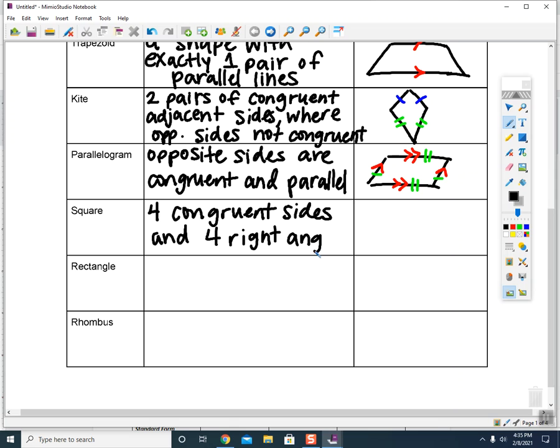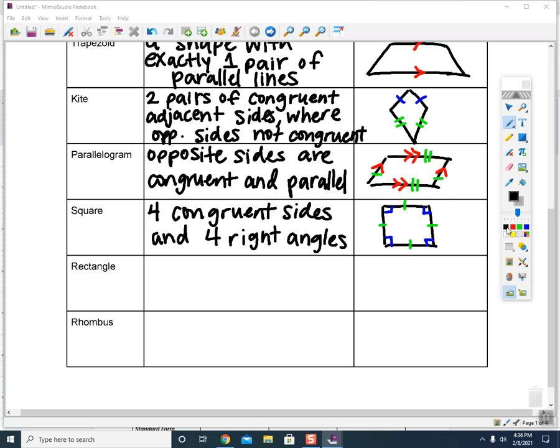A right angle, remember, is 90 degrees. So you know what a square looks like. That looks more like a rectangle, but that's better. So I have four congruent sides. All of these sides are the same. And then I have four right angles. This is a square. Four congruent sides, four right angles.